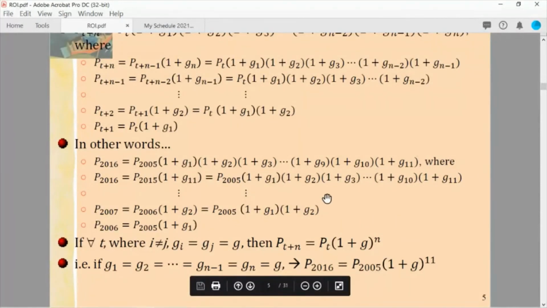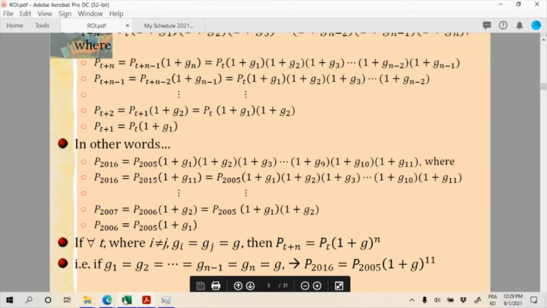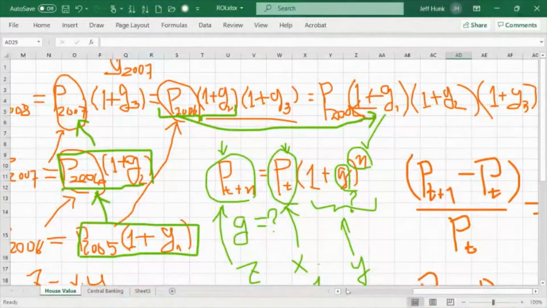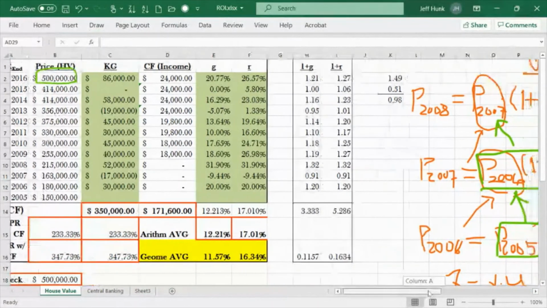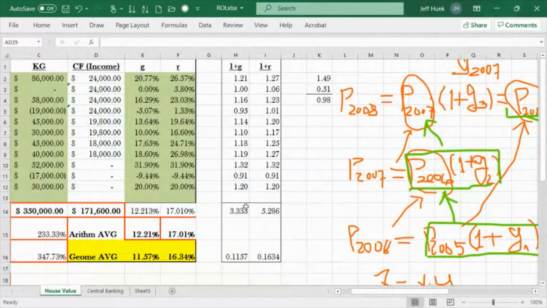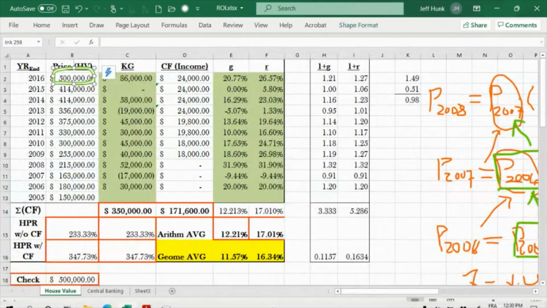And that is explaining what is going on here. If I do this from the 2005 price, multiply that by 1 plus this times 1 plus this, and so on, then you will arrive exactly at this, right?